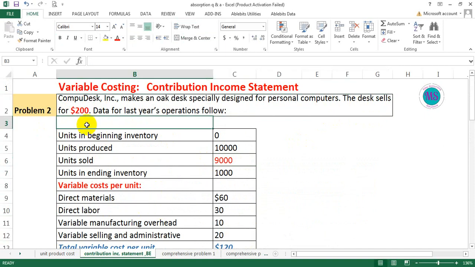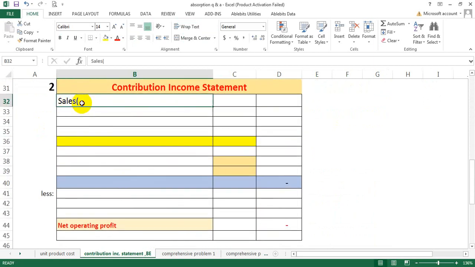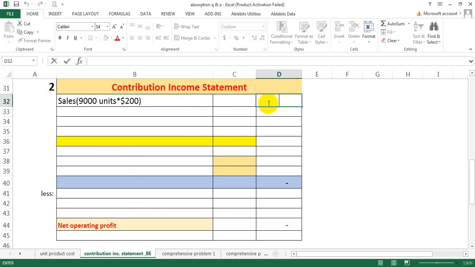So my selling price is 200 and the company sold 9,000 units. So take 9,000 units and the per unit price is $200. We compute these two: 9,000 multiplied by 200. This is my sales.